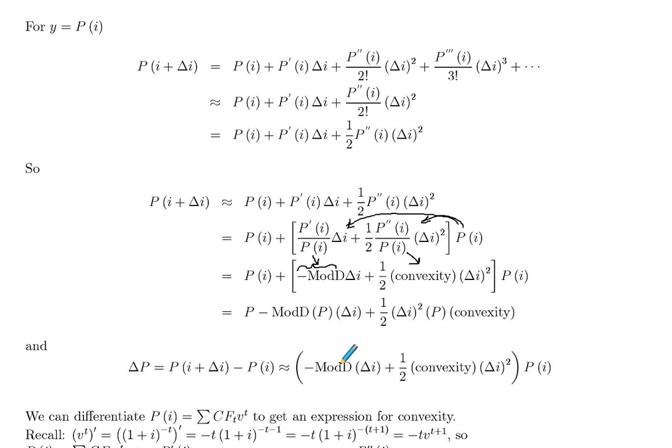So negative modified duration delta I plus 1/2 convexity delta I squared, times p of I. Here I again factored out the p of I. I guess actually if you look at this line here, bring this guy over as a negative, then you get this line. So this shows us how to approximate the price at a new interest rate, given a small change in the interest rate. And then this shows us how to approximate the change in price. So depending on what you want, you just do a little bit of manipulation there.